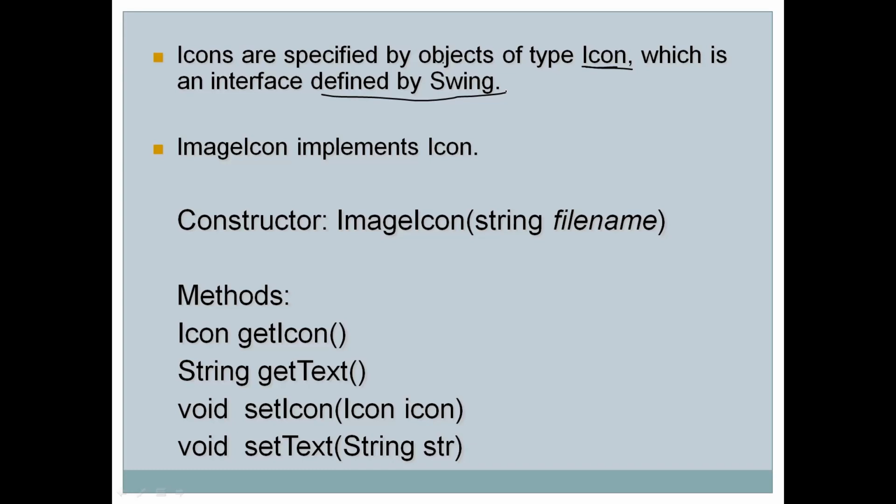So to create an image, we have to take help of a class called ImageIcon. ImageIcon is a class which implements the Icon interface. So while creating an image, we use ImageIcon, and once we create an image by using ImageIcon, that can be passed to the JLabel constructor.